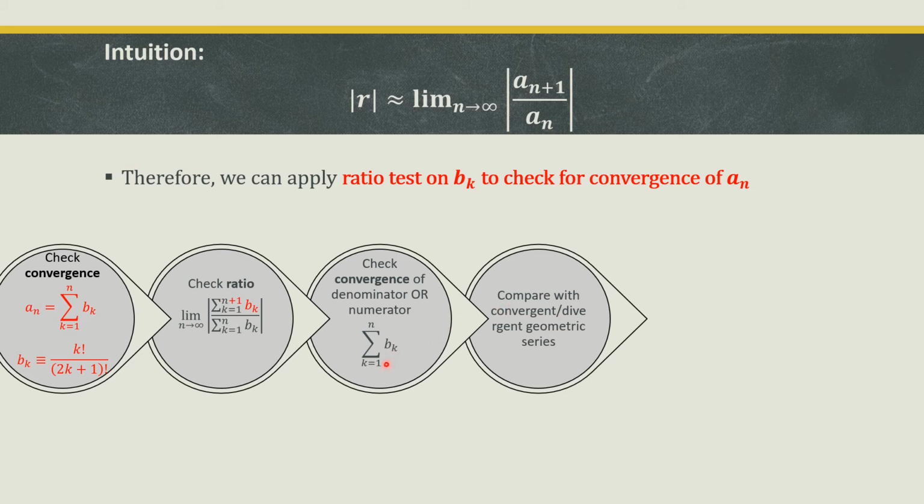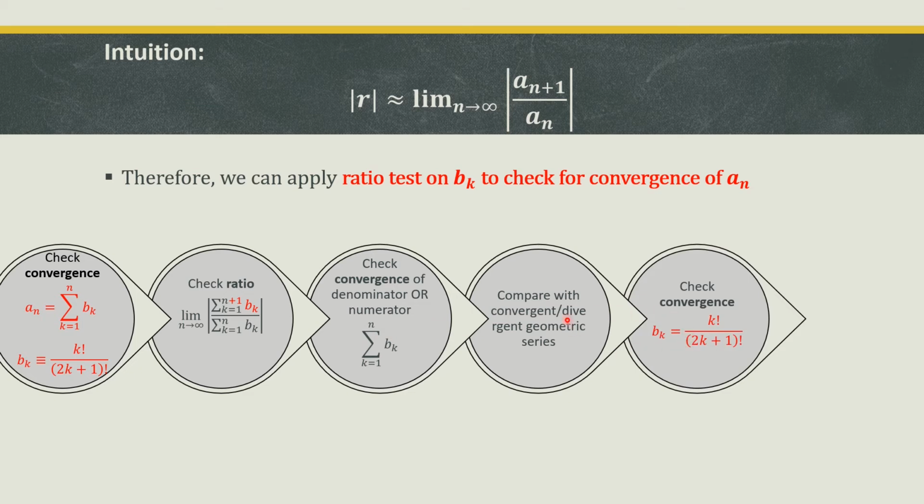And in this case, we are checking for convergence of the denominator. Because for the general sequence, there is no general method to check the convergence or divergence of b sub k. But we know a general method to check the divergence or convergence of a geometric series, and so we can compare this with the appropriate geometric series.